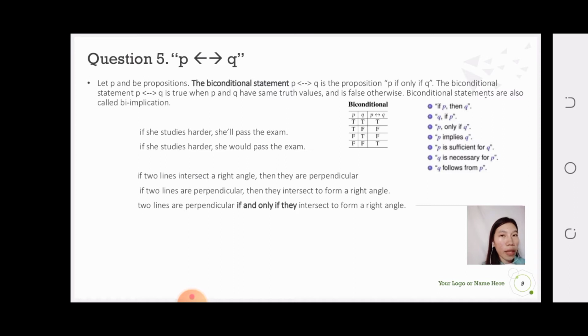Biconditional statements are also called bi-implications. So, the biconditional is true if P and Q have the same truth values and it is false otherwise. It depends on the statement that is given.